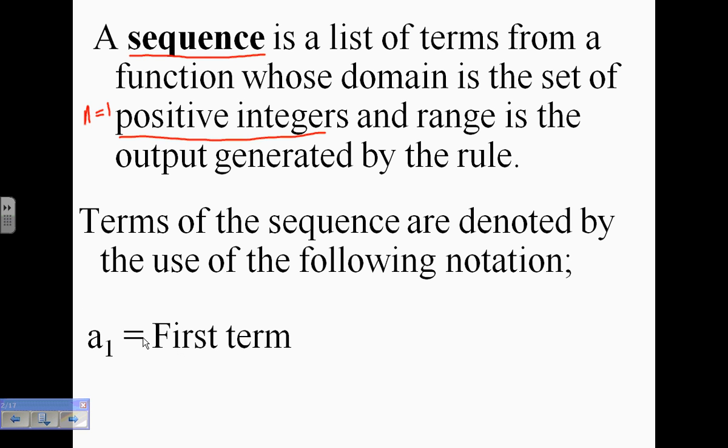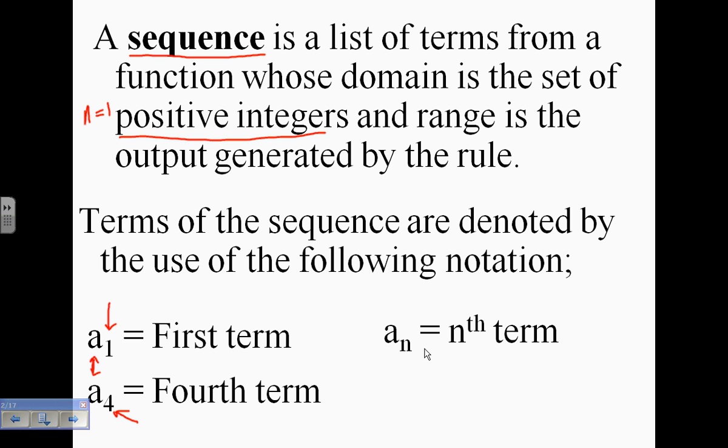Here's an example: a sub 1. That means first term. Obviously, a sub 4 means the fourth term. The a's just stand for any variable. You could have x sub 1 or n sub 1. A is just used in this textbook, so it's not a big deal. This means the nth term, which is usually your equation.